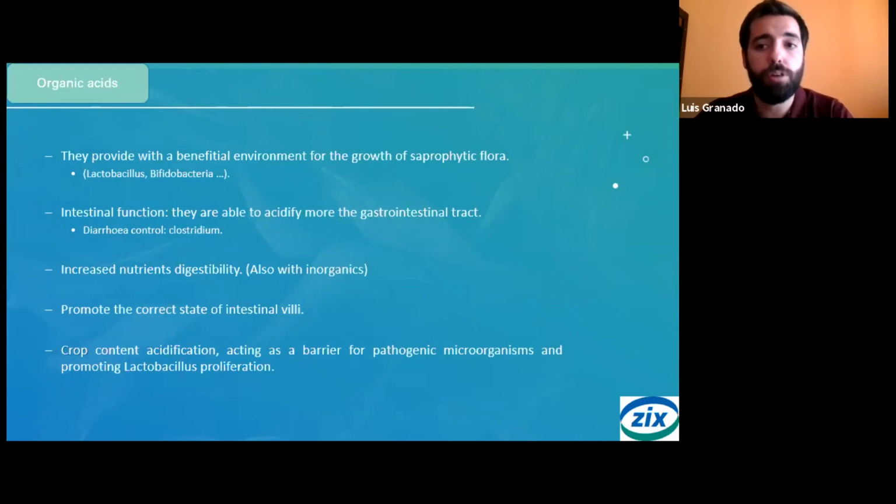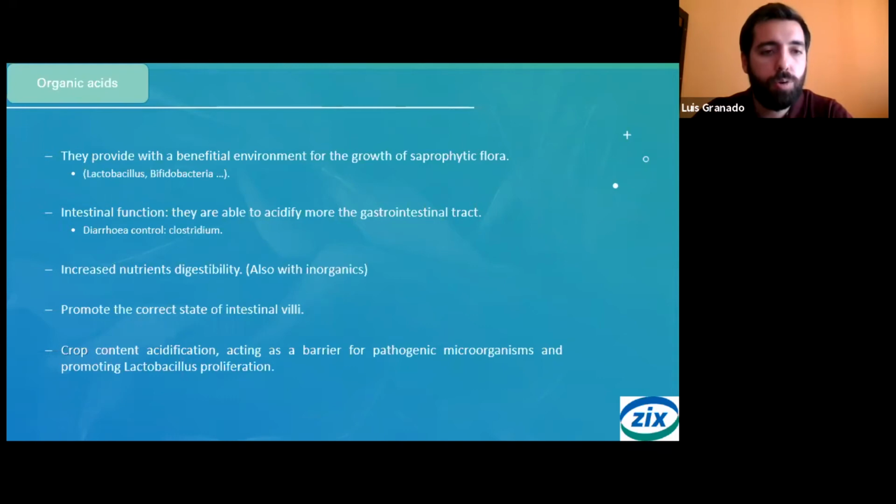But why? Because we already said, because of the slower release of the hydrogen protons, right? They are weak acids, so this release will be slow, and thanks to this, it will happen through the whole gastrointestinal tract. On the contrary, inorganic acids would release all hydrogens at once before getting into the intestine.